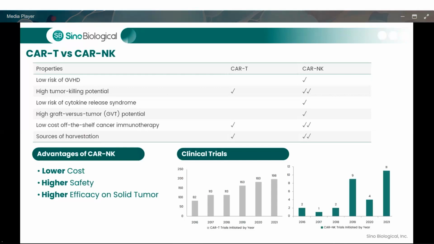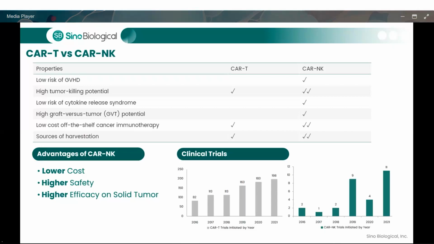Another advantage of CAR-NK is the off-the-shelf effect. Compared to CAR-T, NK cells can be obtained from a variety of sources, including cord blood, peripheral blood, and other cell lines, which allows for the development of off-the-shelf CAR-NK cell products.